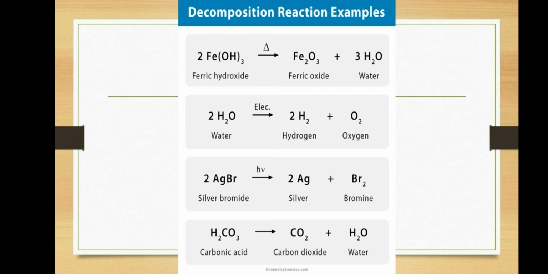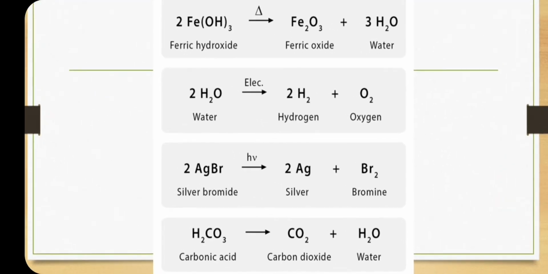Okay. Ito yung mga example. From silver bromide, of course, i-break down mo siya. We have 2 silver and bromine. Again, don't mind the subscripts, just focus on the elements. Okay, decomposition reaction, you have to decompose or break down, and combination reaction is coming from two or more reactants, then combining them into one product.